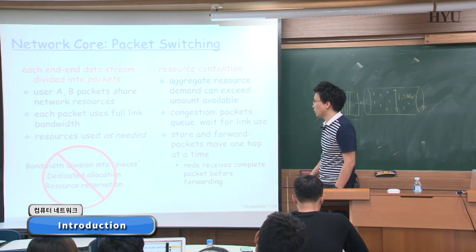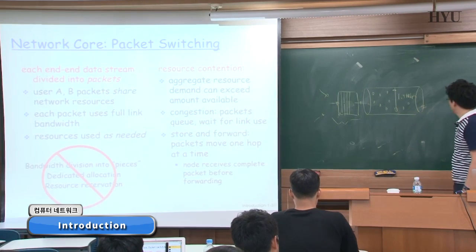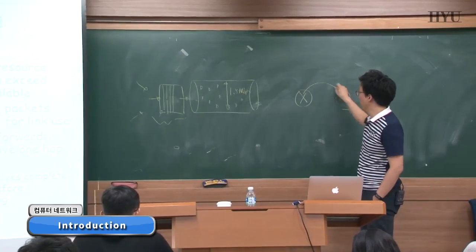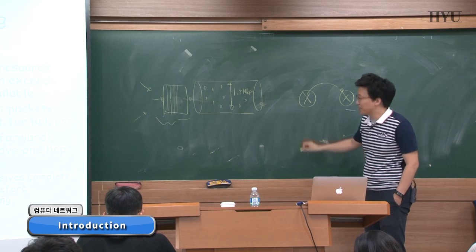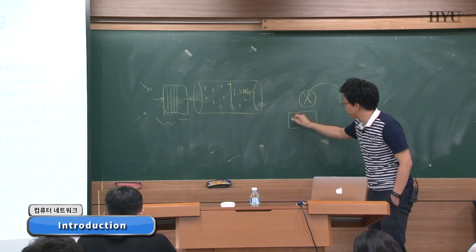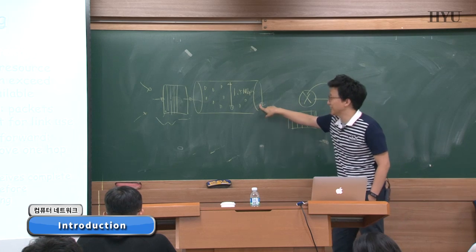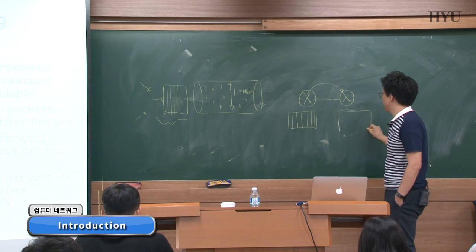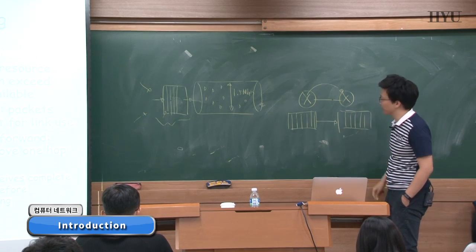Congestion. Store and forward. Packets move one hop at a time. Router. One at a time. One hop. And a router is basically a queue. Link, router, another link, another queue.